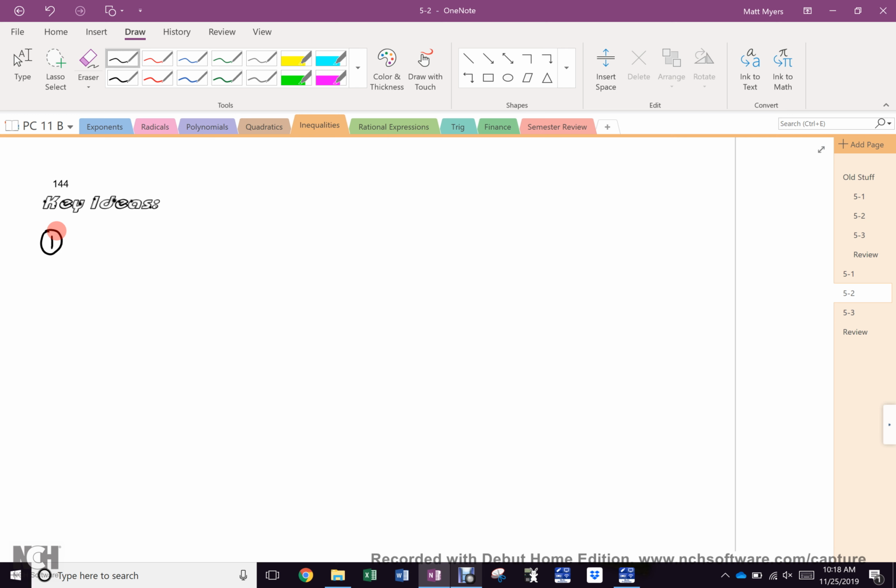Is it a value or is it a set of values? It's a set of values. So the solution is still a set of values.